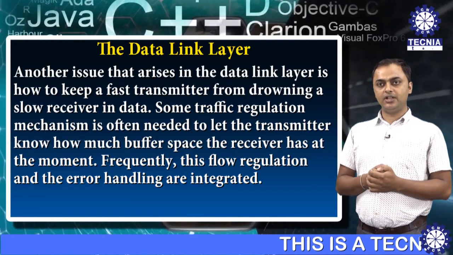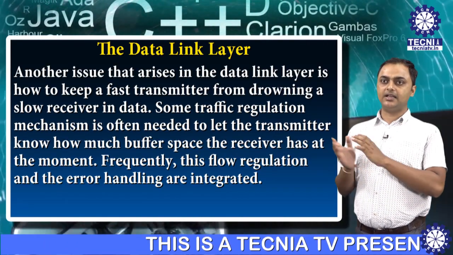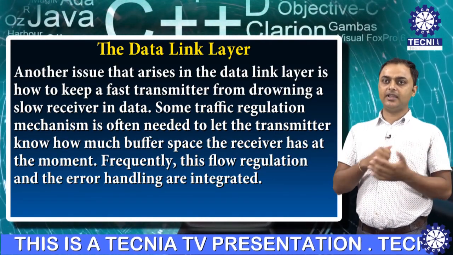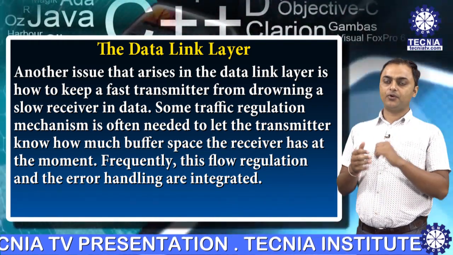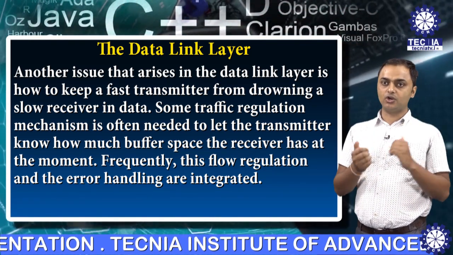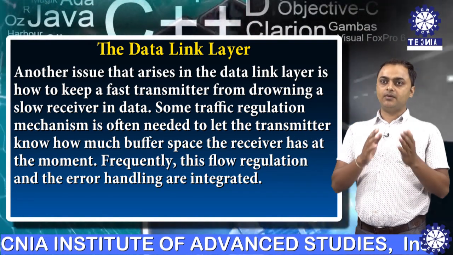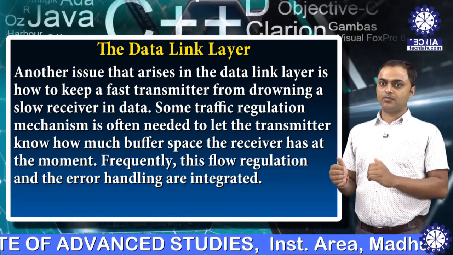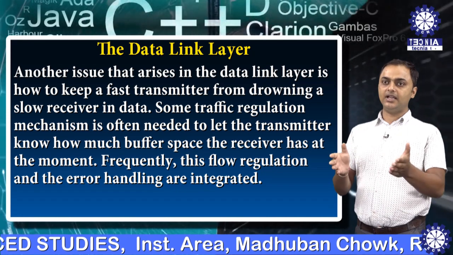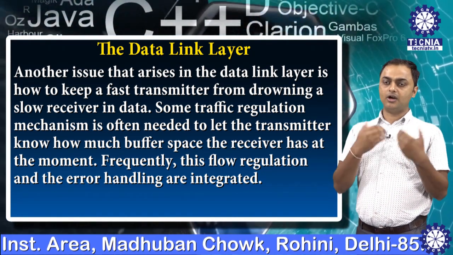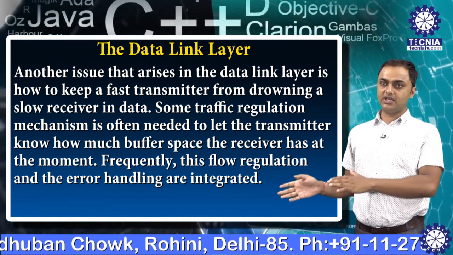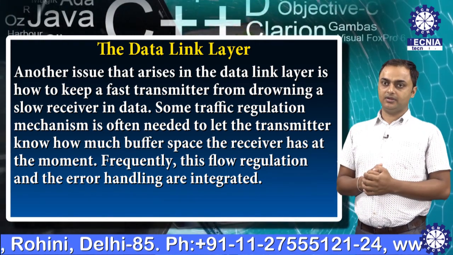Another issue that arises in the data link layer is how to keep a fast transmitter from drowning a slow receiver in data. Some traffic regulation mechanism is often needed to let the transmitter know how much buffer space the receiver has at the moment.